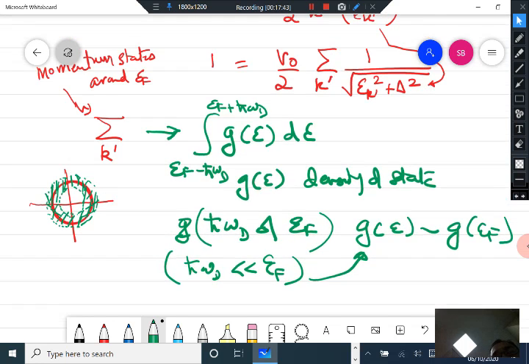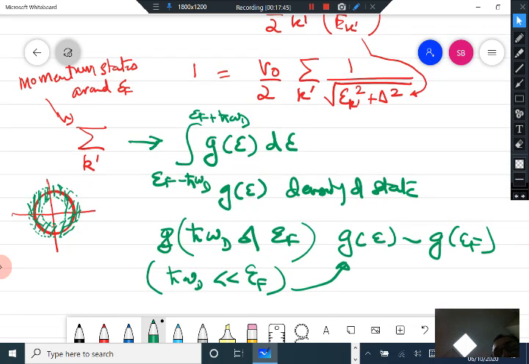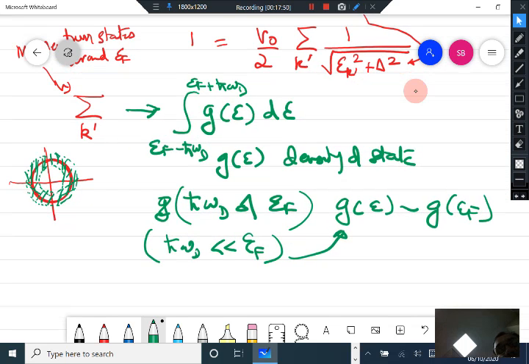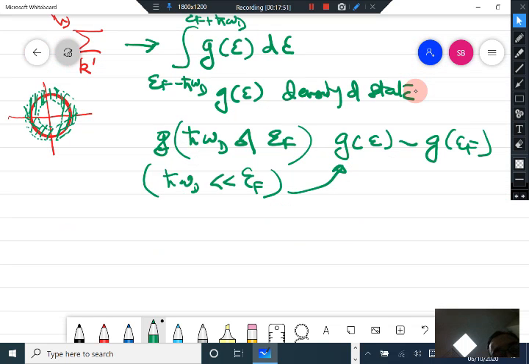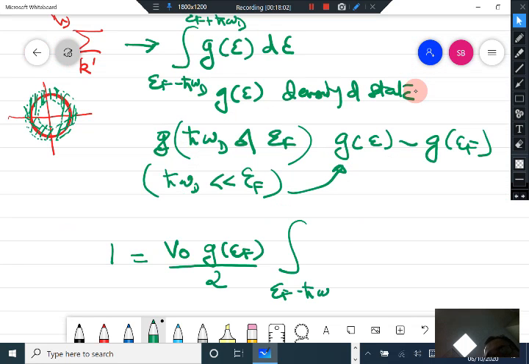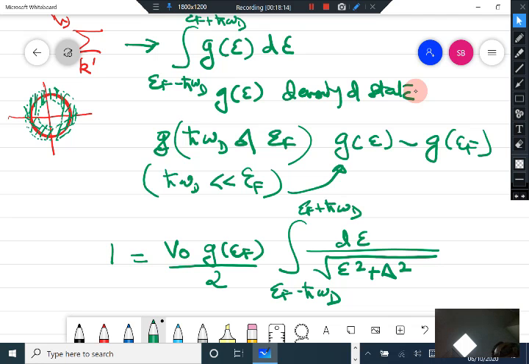So by doing this summation, our above expression can be transformed into an integration, where I will write 1 equal to V naught into the density of states at the Fermi energy, which I have taken out of the integration sign, integral from EF minus h cross omega d to EF plus h cross omega d, dE divided by square root of E square plus delta square.